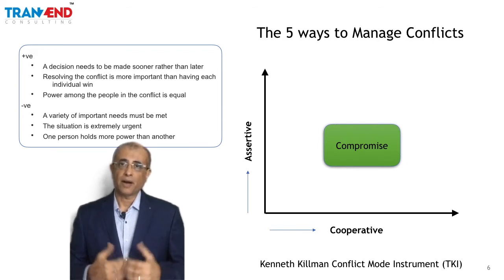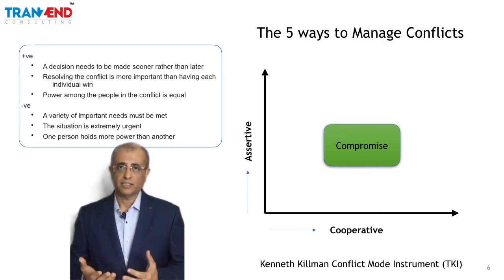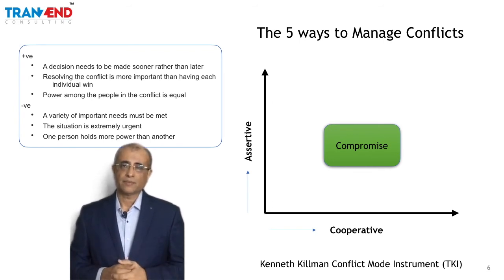And that will start impacting the productivity of those people or the relationship or whatever else. So in that kind of a situation, it's smarter for those parties to realize that honestly we can keep fighting on this, so let's compromise. Let's look at something which both of us can agree to and move forward.